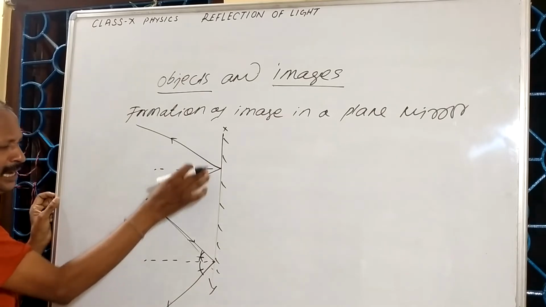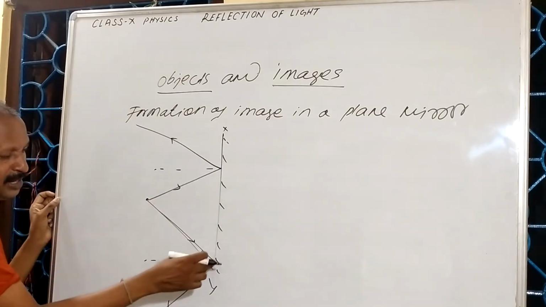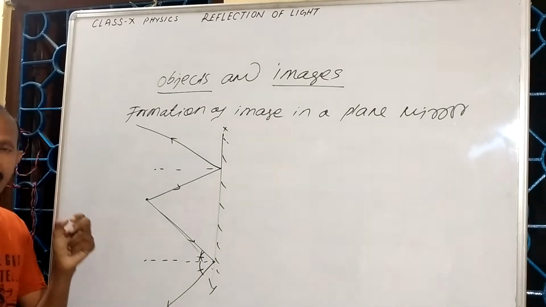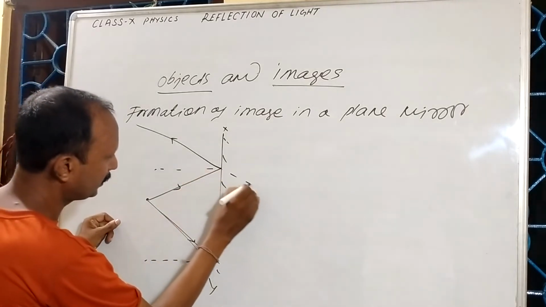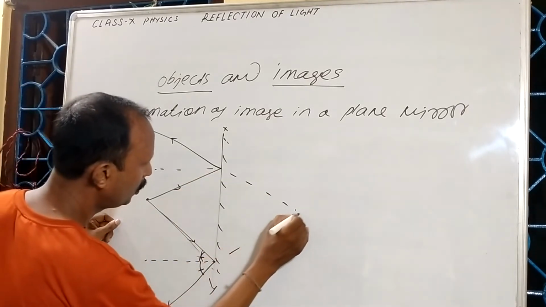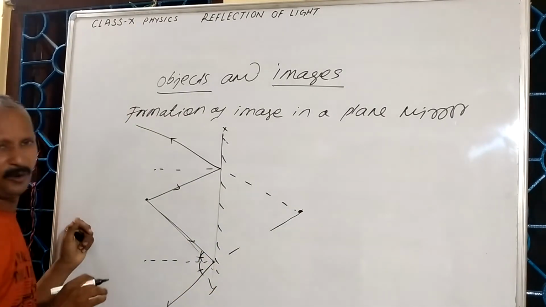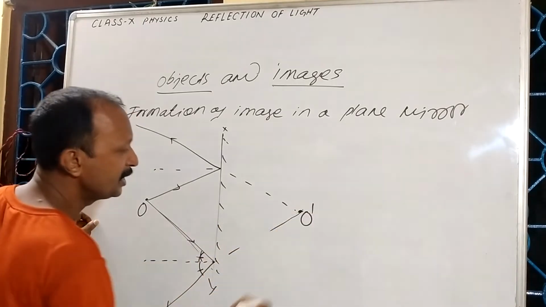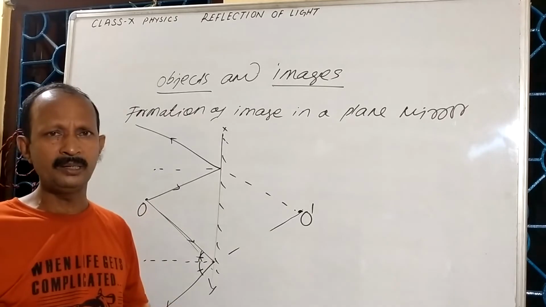A large number of light rays from this object, after incident on the mirror, are reflected. The reflected light rays enter our eyes. But if I produce them, we feel that these light rays are coming from this point. So this is the object, this is the image. O is the object, O dash is the image.